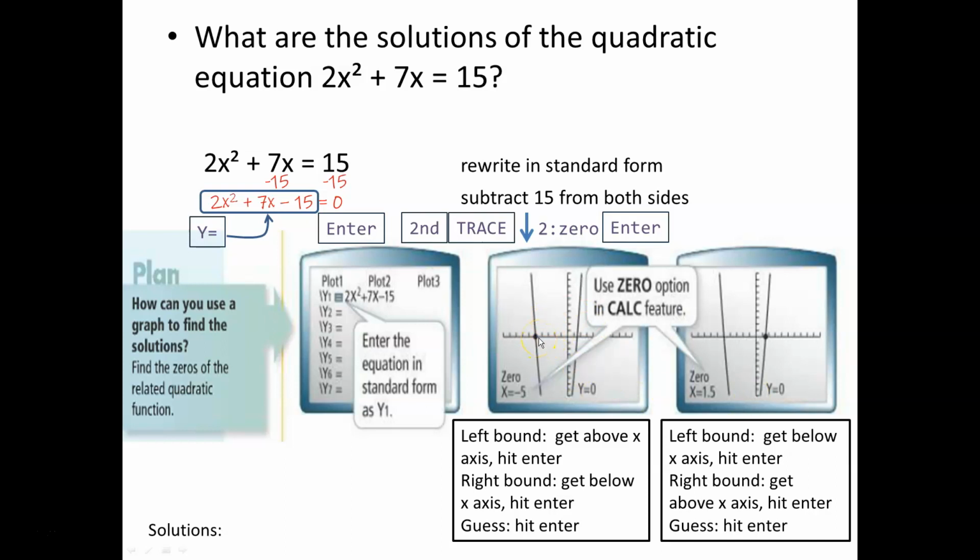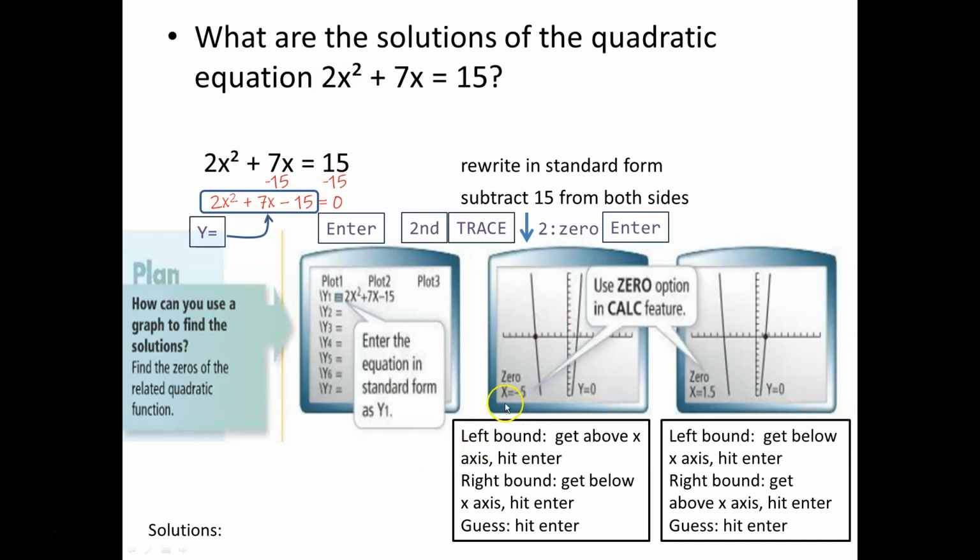If your y is already positive and getting better, hit the right arrow. But hit the left arrow until, whoops, I went past it, until your little spider looking thing shows up. And my little spider thing either is above or below just a little bit, and that's okay as long as it's as close as you can get it to the line.